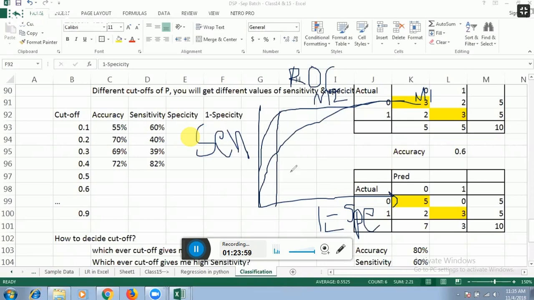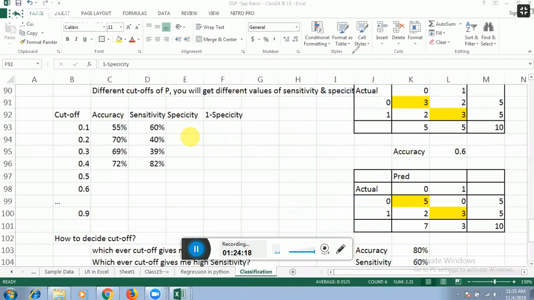So can I say that the area under the curve for M1 is lower than the area under the curve for M2? Do you agree with me? So that means this is one metric I can also calculate.